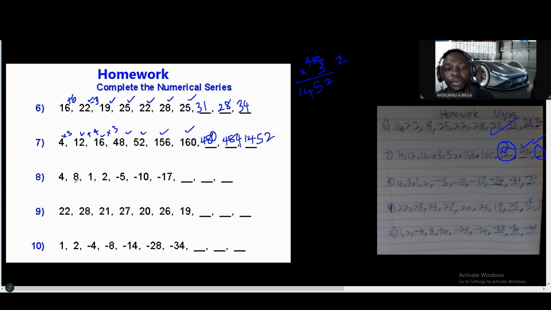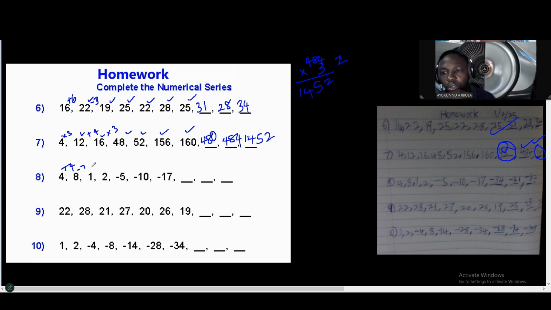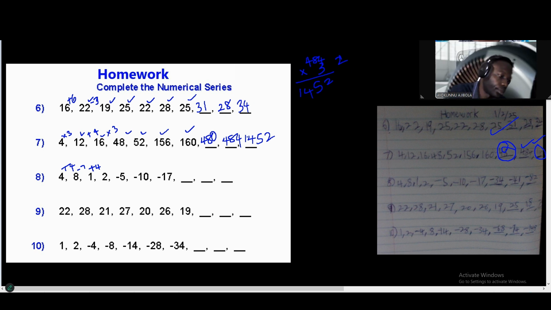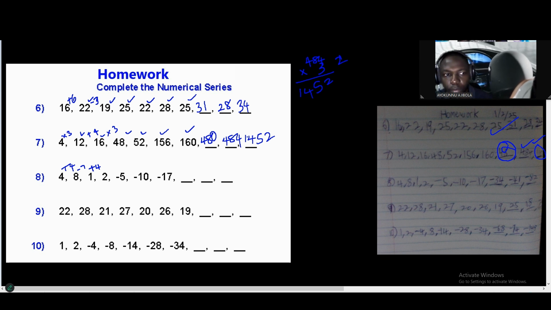So what rule did you use for number 8? Add 4 and minus 7. Okay, this is plus 4 and take away 7. If you add 4 to 1, what will it give you? That would be 5.